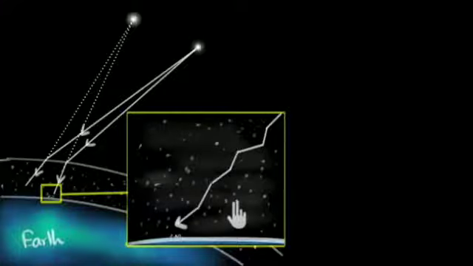The amount of light that we receive is not fixed. Sometimes we receive more, sometimes less. Due to that, sometimes we find the star brighter, sometimes dimmer. This is the twinkling effect of the star.